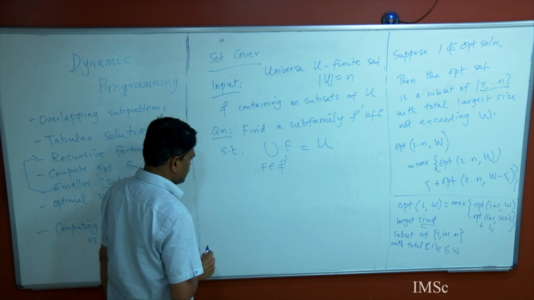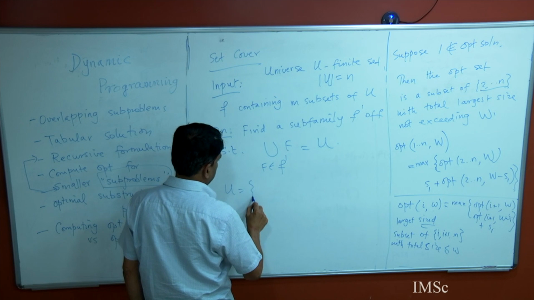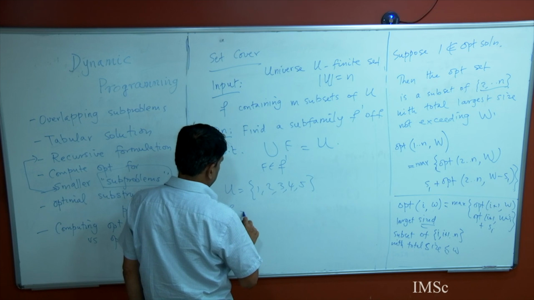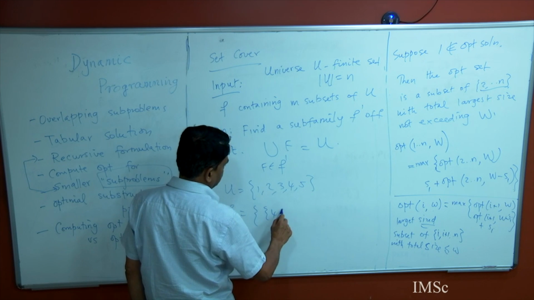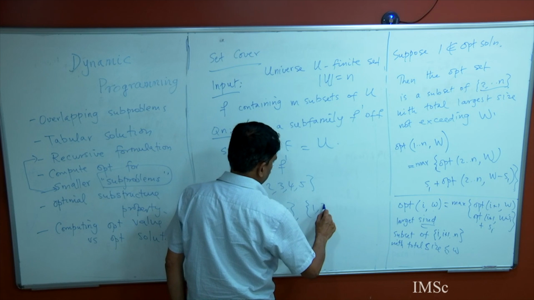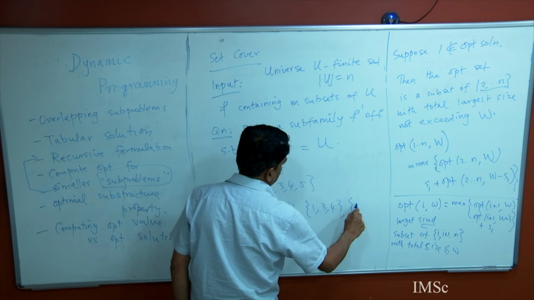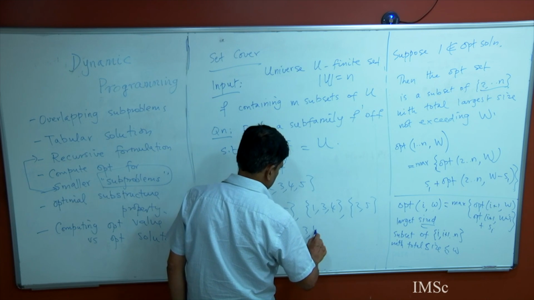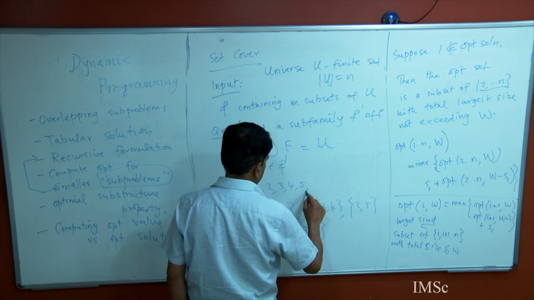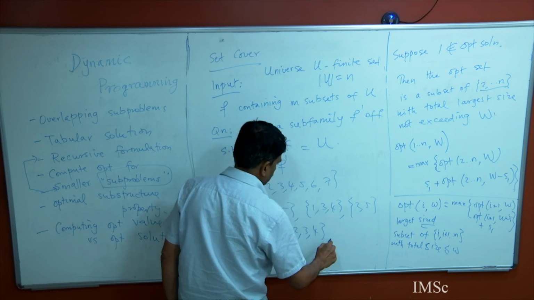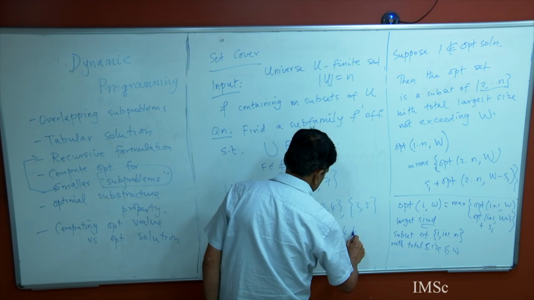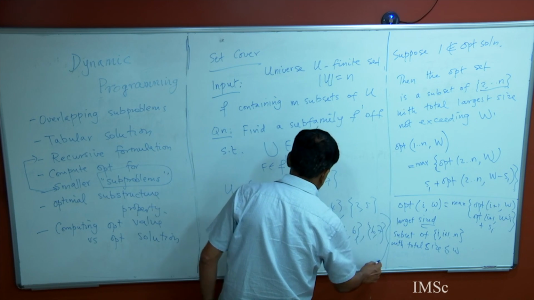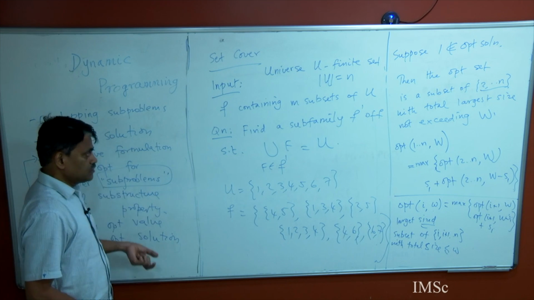That's okay. So let me give an example. I have a universe of, let's say, 5 elements, and I have a family which consists of these sets. So that's a universe.